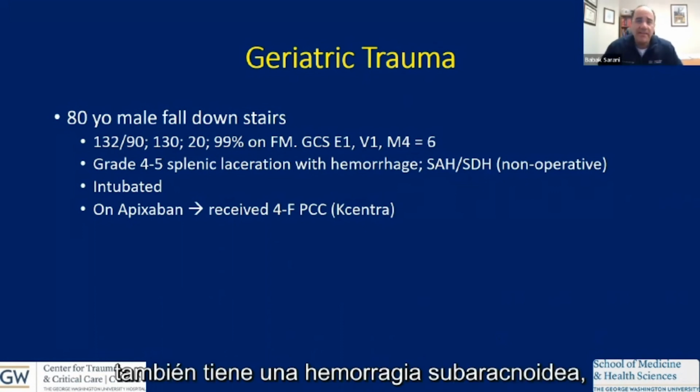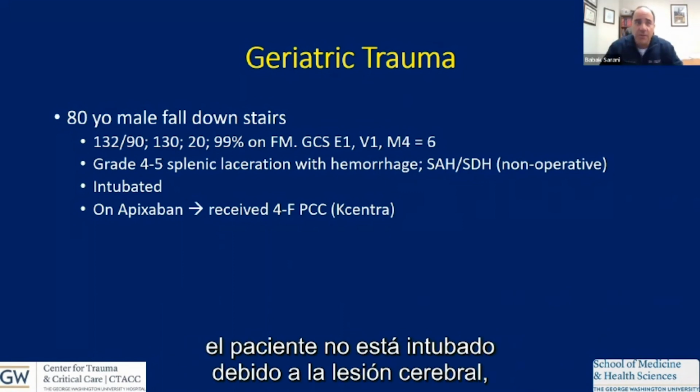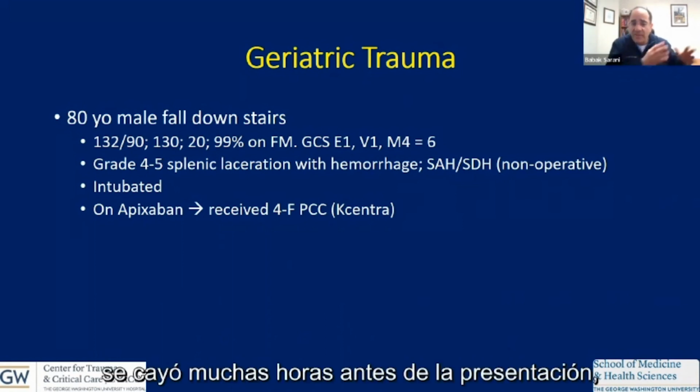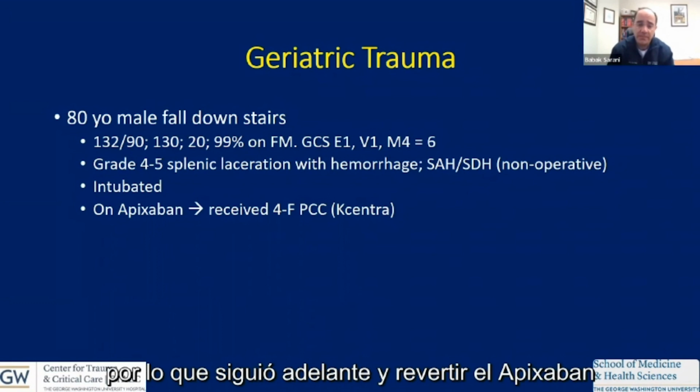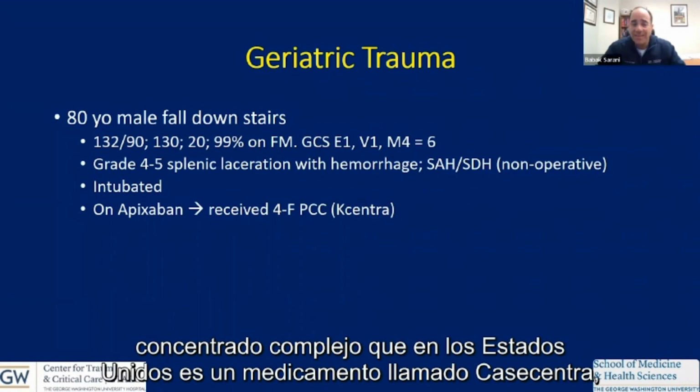He also has a subarachnoid bleed and a subdural bleed. Luckily, those are fairly small. Patient is now intubated because of brain injury. Oh, by the way, the person is on apixaban. He fell many hours prior to presentation, so we went ahead and reversed the apixaban with 4-factor prothrombin complex concentrate, which in the United States is a drug called Kcentra.